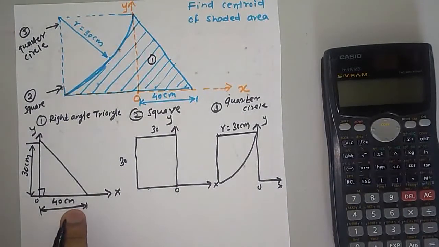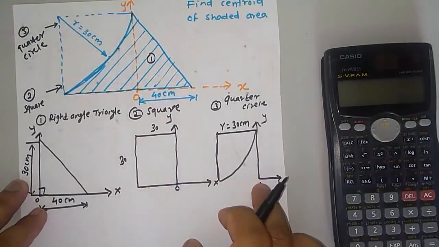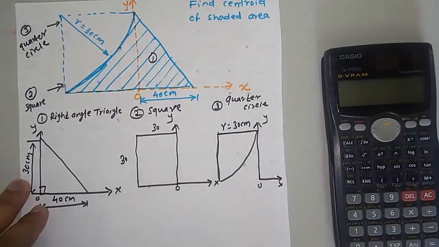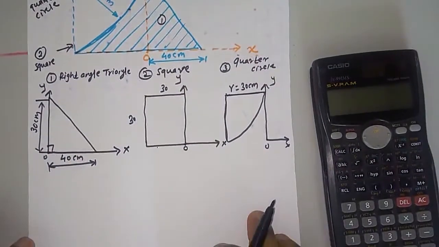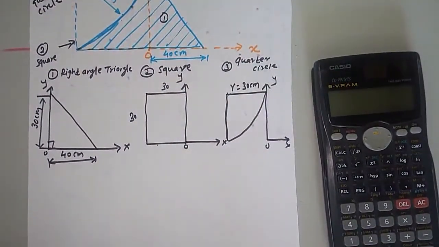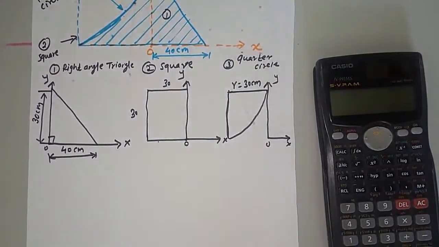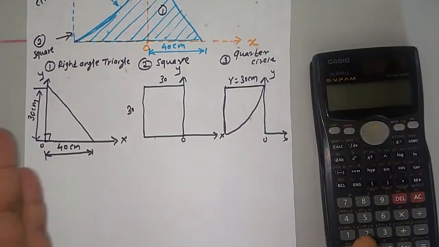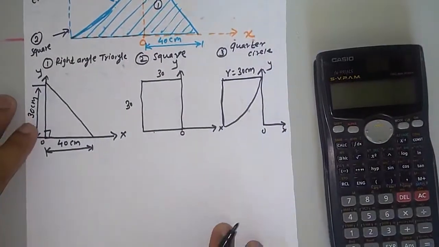First is the right angle triangle, second is the square, and third one is a quarter circle. We will subtract the quarter circle from this square and you will get this area. Now the third step, we need to find x1, y1, a1, x2, y2, a2, x3, y3 and a3. These three we can easily calculate because these are known geometries: right angle triangle, square and quarter circle.